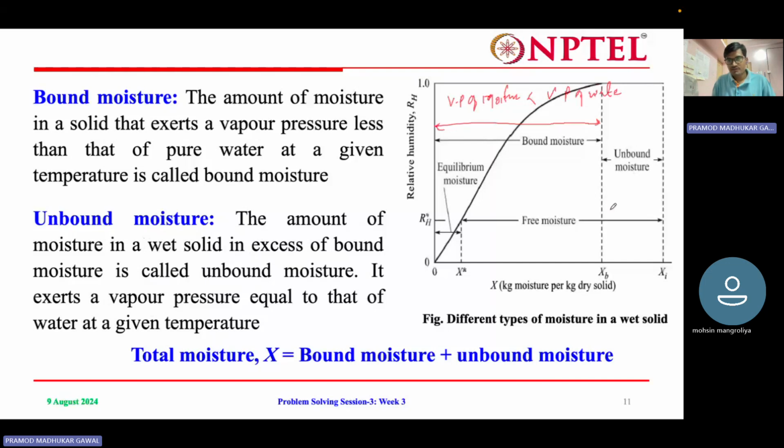So in that condition, the Vp of moisture equals the Vp of water. So total moisture, denoted by X, is bound moisture plus unbound moisture. This plus this is the total moisture.